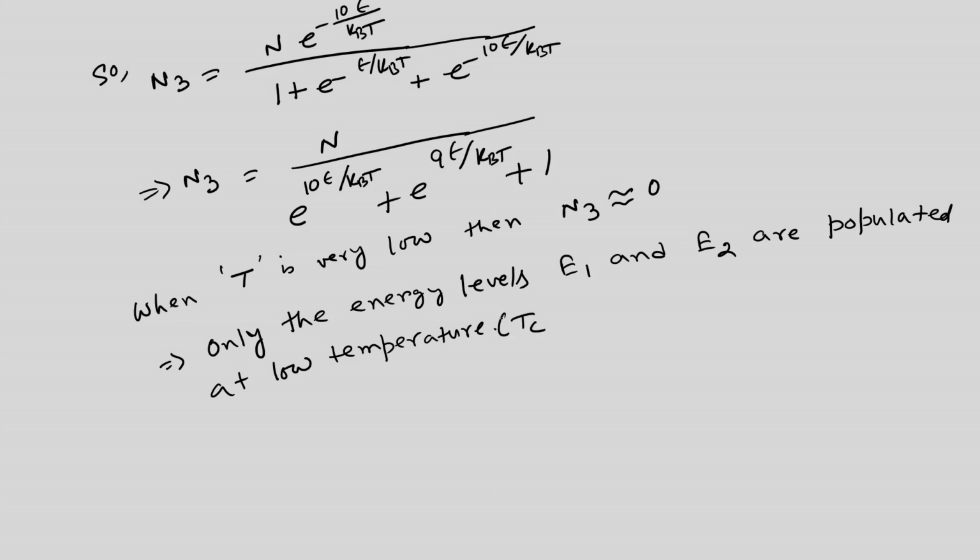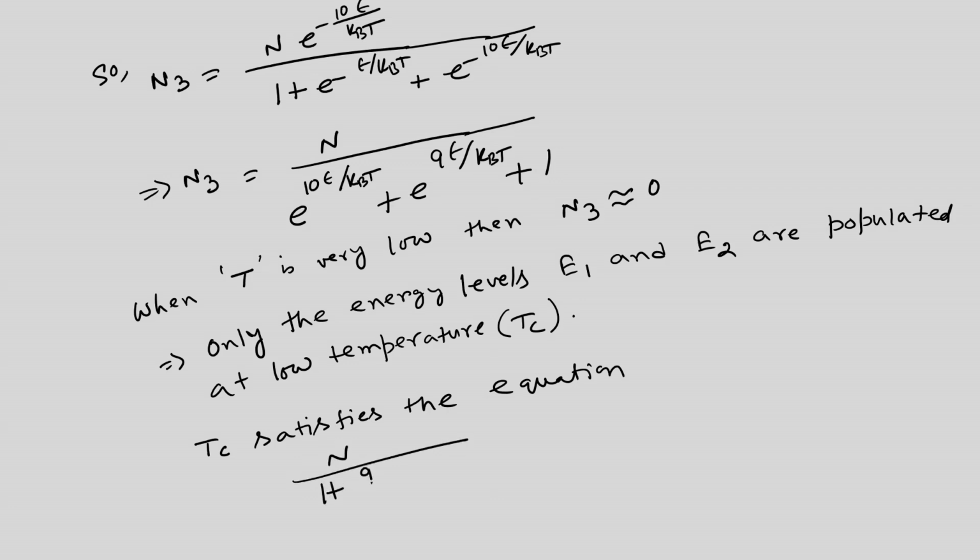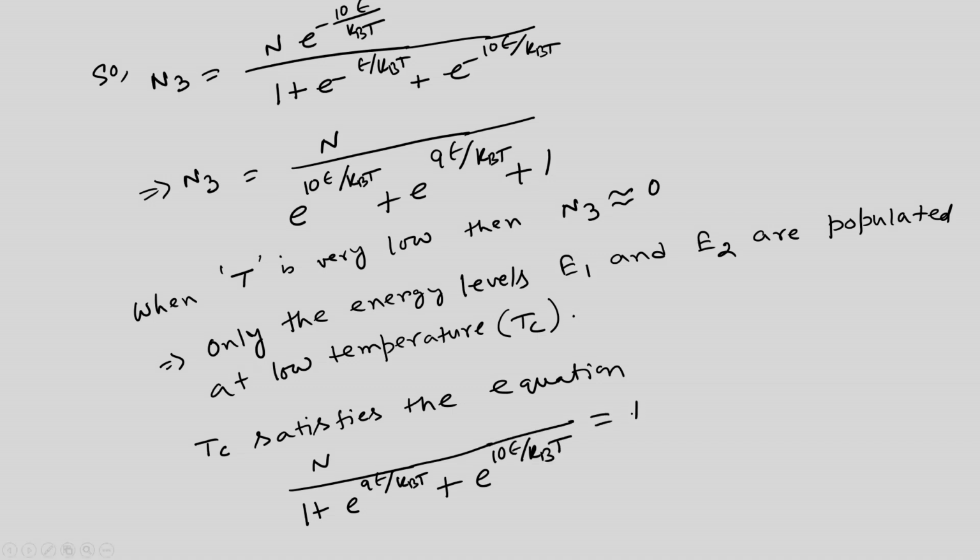So, this low temperature we call Tc, the critical temperature. Okay. So, Tc satisfies the equation N by 1 plus e to the 9 epsilon by kBTc plus e to the 10 epsilon by kBTc, and we consider that the lowest possible number of particles is 1.